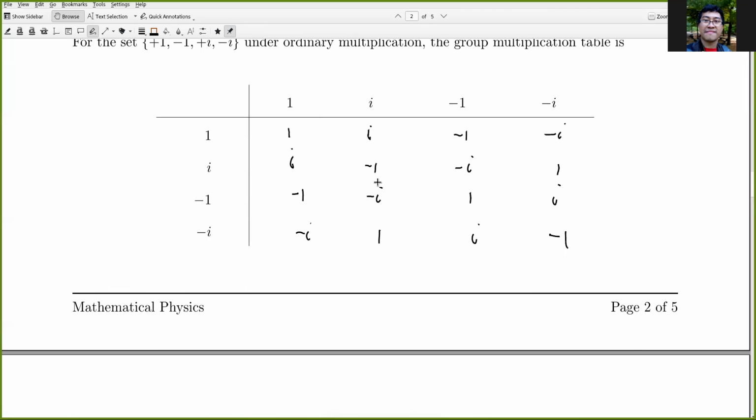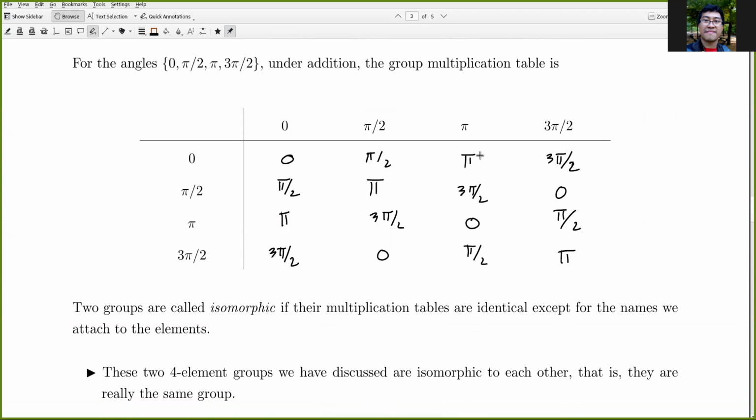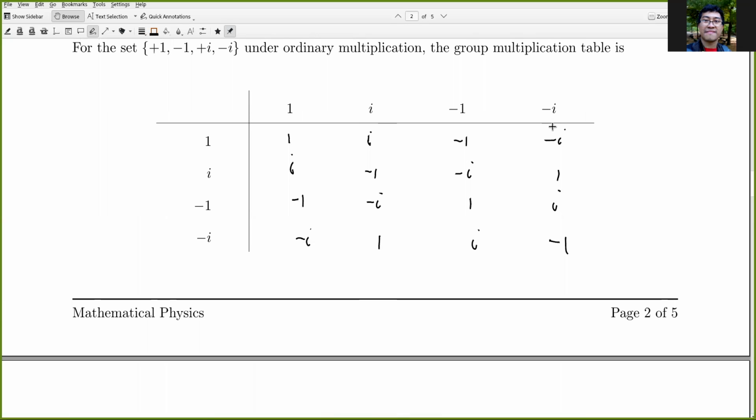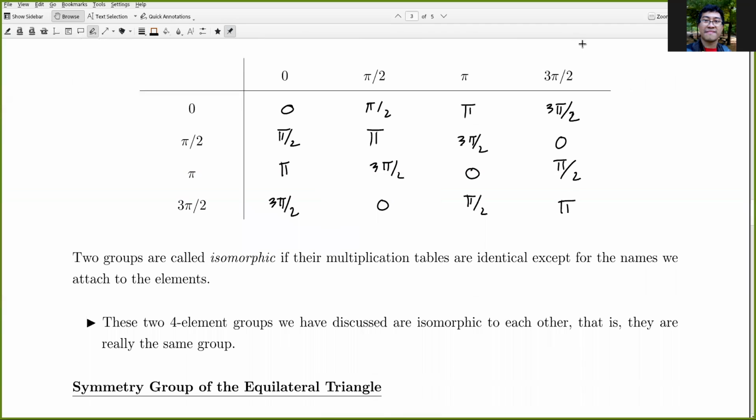Negative 1, negative 1, negative 1, negative 1, and negative 1 here. That's similar in position with pi, pi, pi, pi. Lastly, minus I on this diagonal. Similarly, 3 pi over 2, 3 pi over 2, 3 pi over 2, 3 pi over 2.